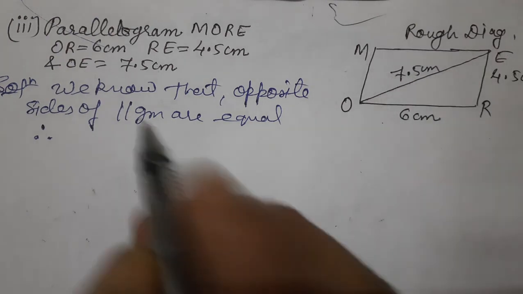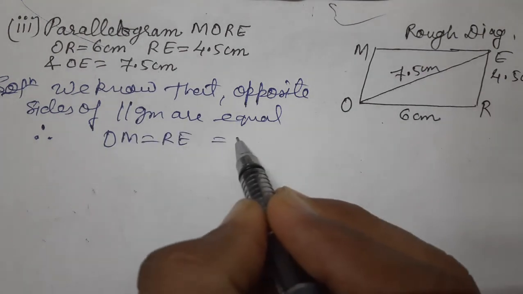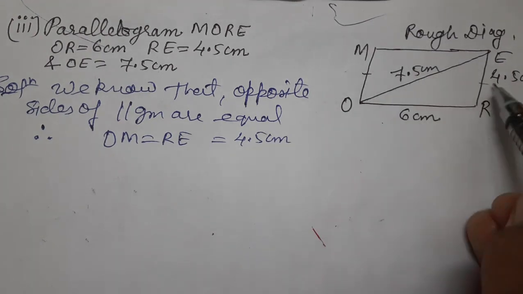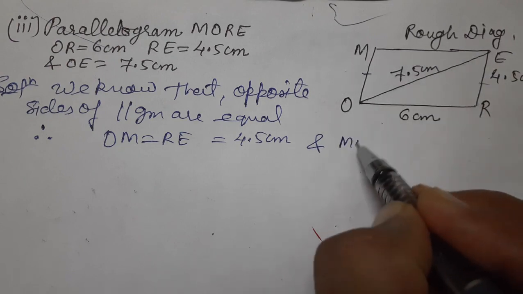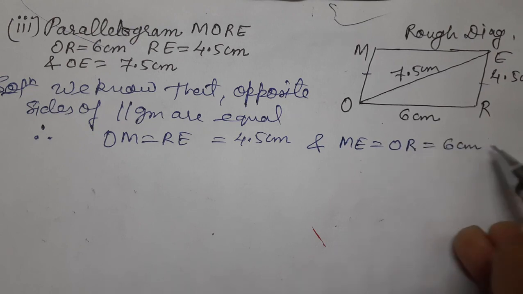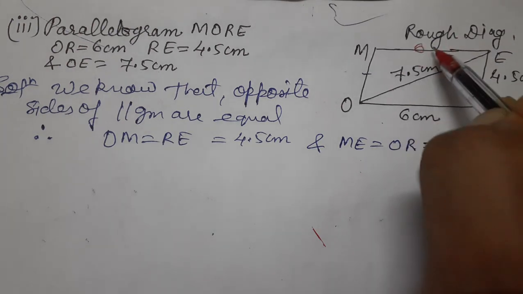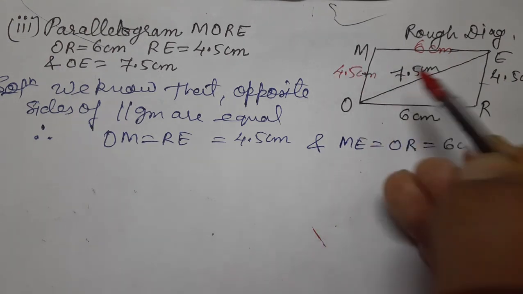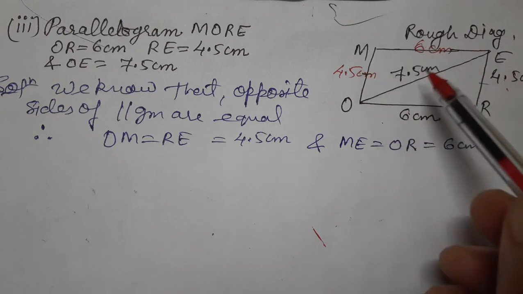OM equals RE, which will be equal to 4.5 centimeter each, because opposite sides of a parallelogram are equal. And one more, ME equals OR equals 6 centimeter. So what we got? This is 6, so this is also 6 centimeter. And this is 4.5, so this is also 4.5 centimeter.